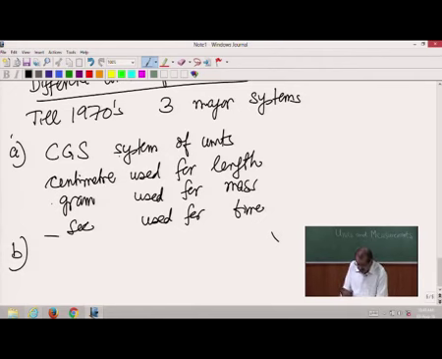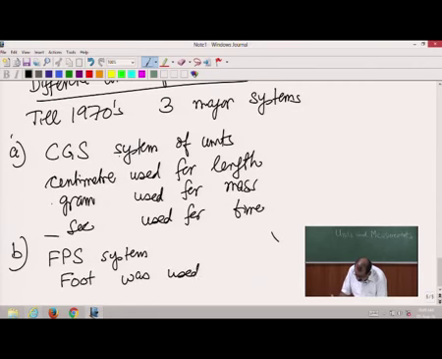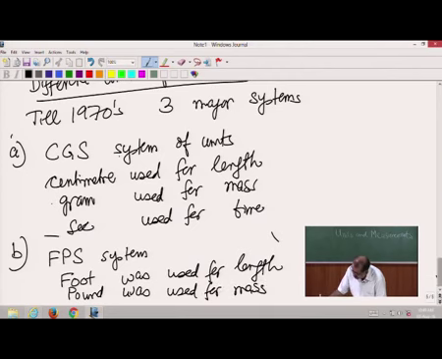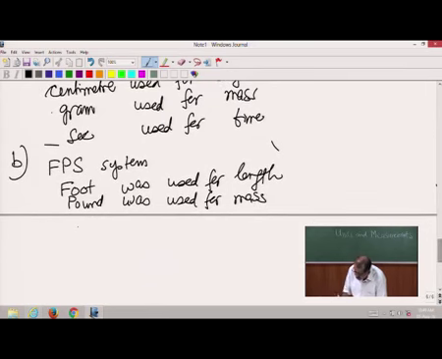Then there was another set of units which was very popular, the FPS system of units. In the FPS system, foot was used for length, pound was used for mass, and once again the time unit was the same, second.